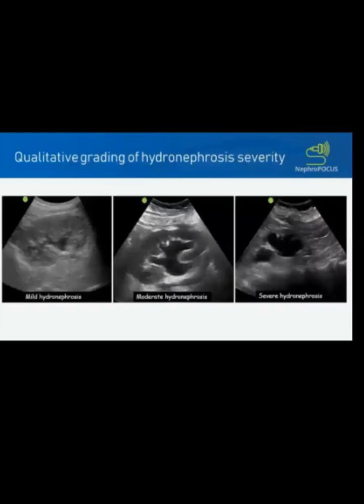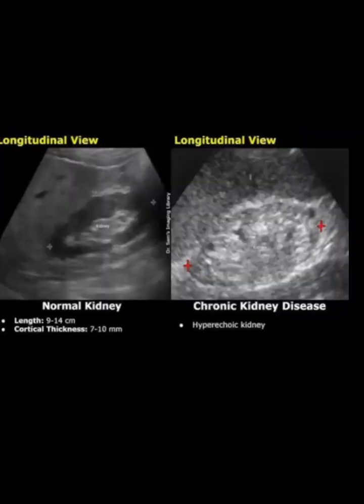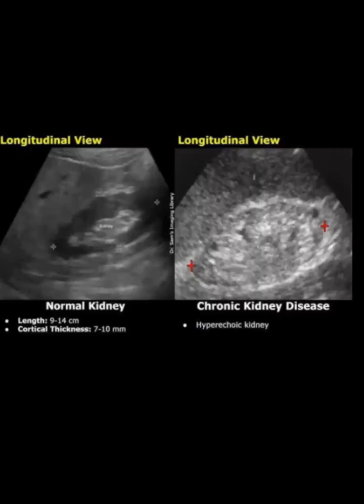I have a question, Dr. Ghaswar. Brother, is it better to measure cortical thickness or the whole kidney thickness? No. You have to tell three things: the length, width, and cortical thickness, and the CMD.